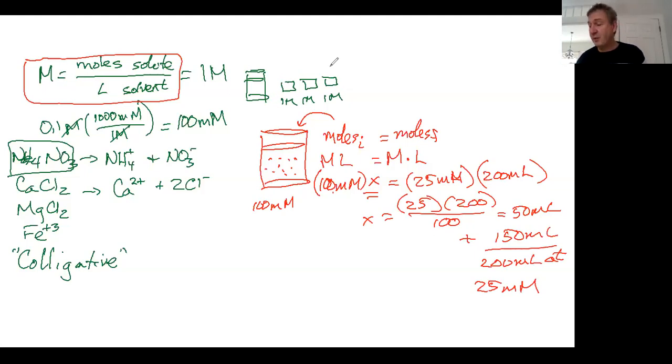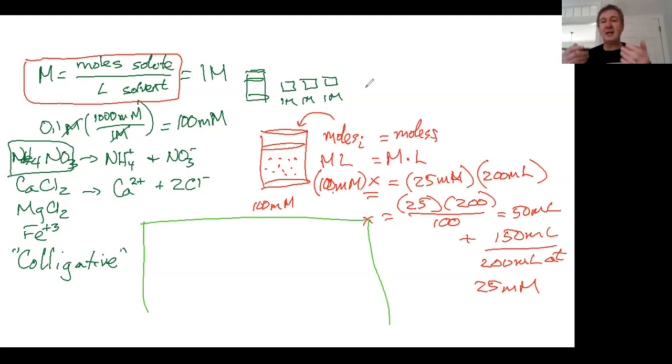So let's do it another way. Let's do it in green, a different green. Let's say I have 25 millimolar, and I'm going to do a series of dilutions, 20 millimolar, 15, or maybe it's 16 and 12 and 8. And I don't know what exactly the dilutions are.